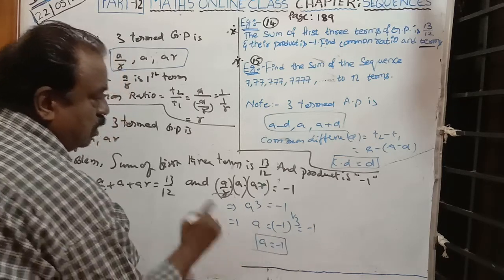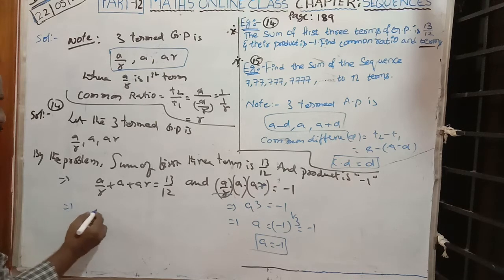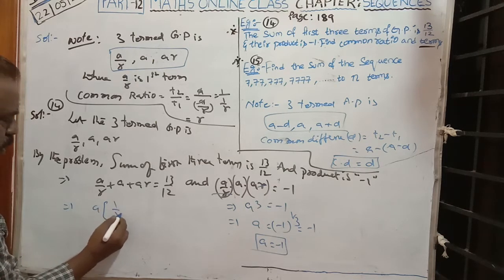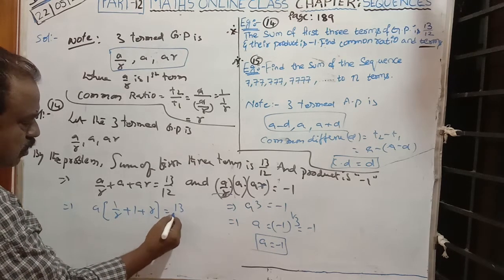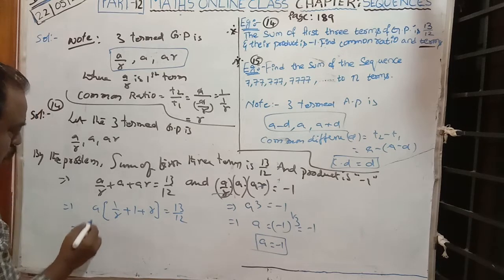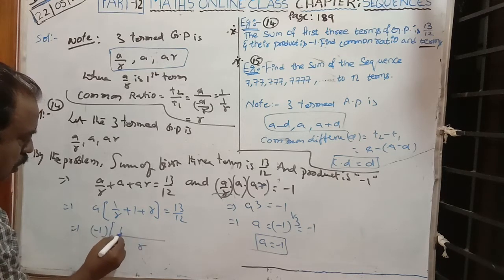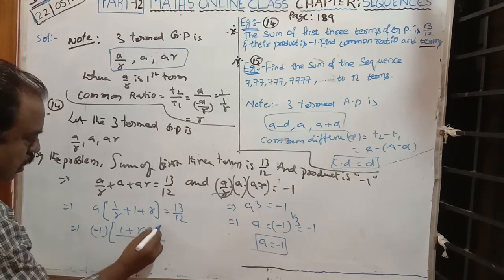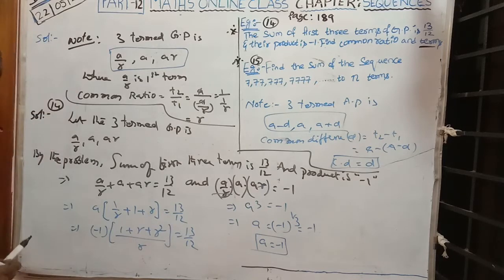A here is not the first term. A is the second term. But A and R are needed to find. You see here, A of 1 by R plus 1 plus R is equal to 13 by 12. This A is minus 1, and R is the LCM, so minus (1 plus R plus R square) by R is equal to 13 by 12.